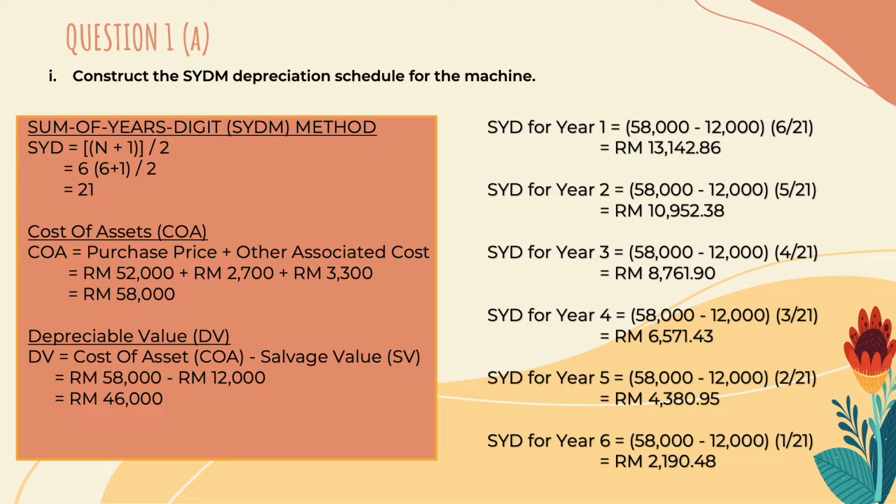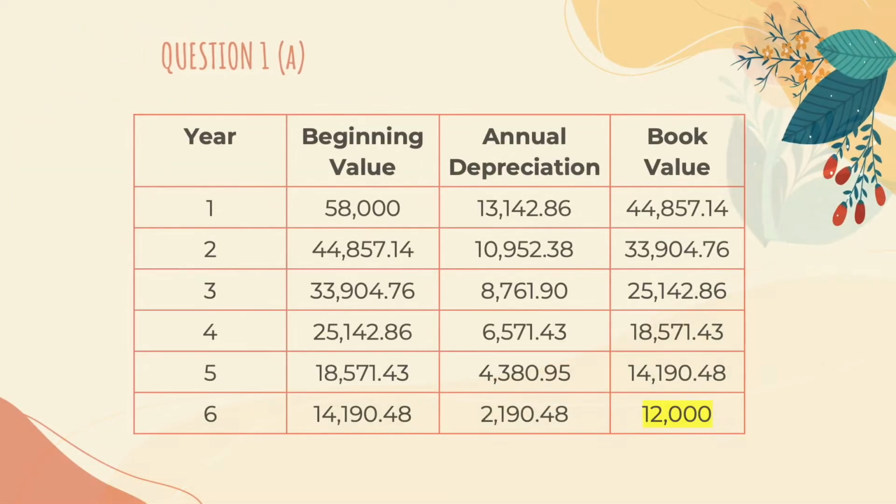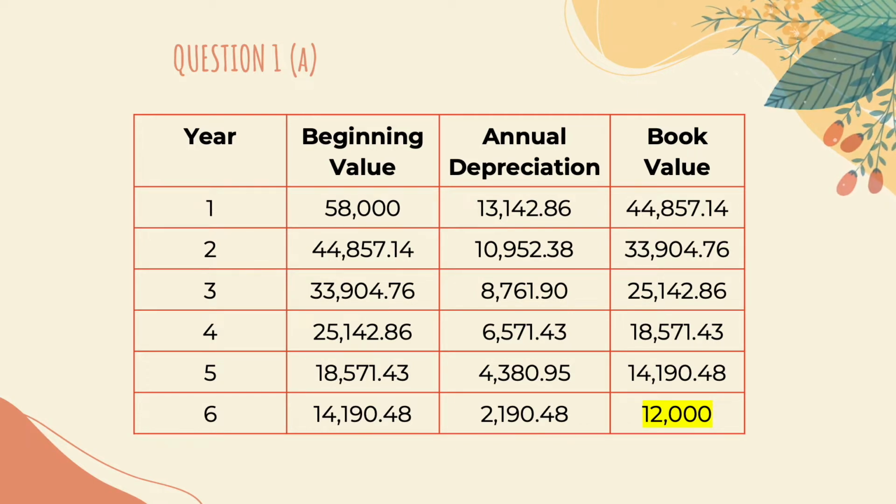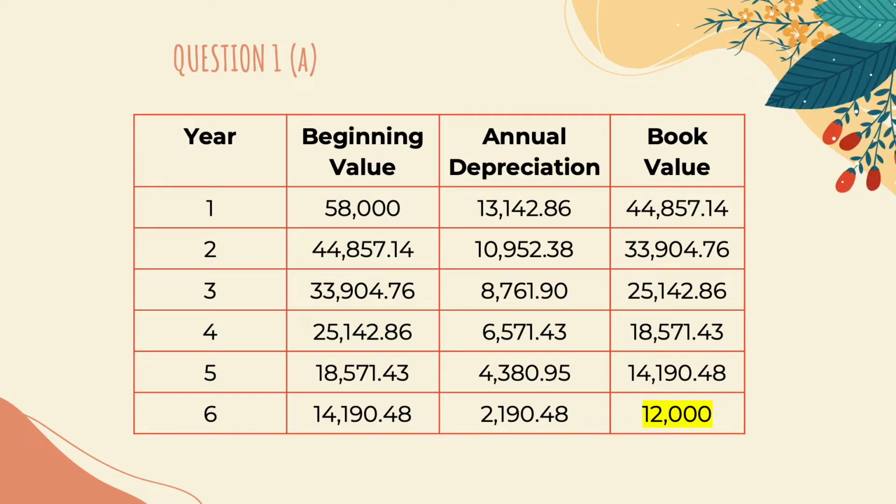After we calculate the SYD from year 1 till 6, we can continue to construct the table. The first column will be year, the second one will be beginning value, the third one will be annual depreciation, and the fourth one will be book value.